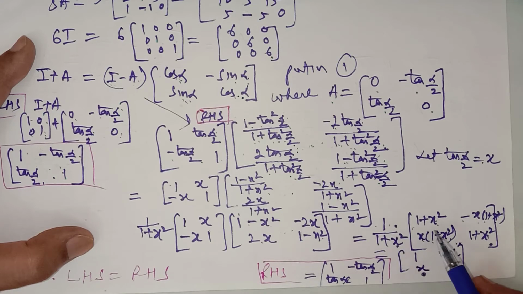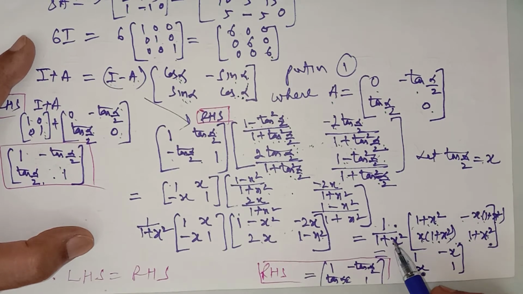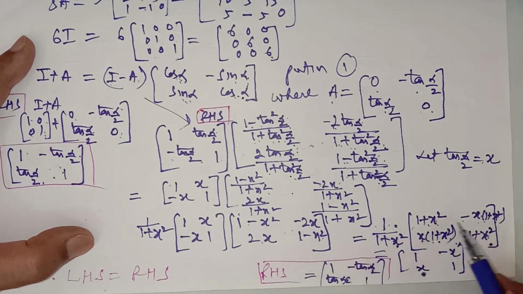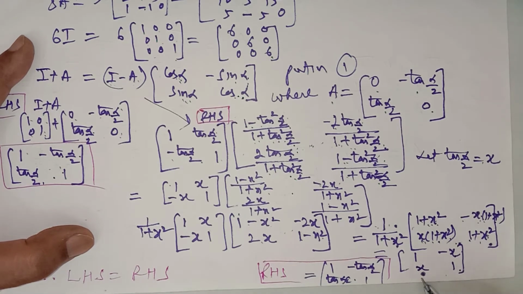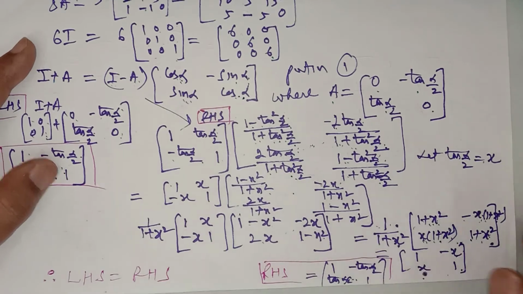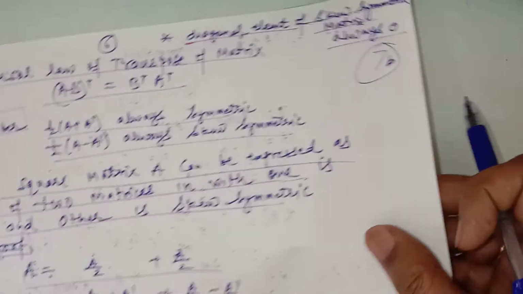Take common here, so it will be 1, minus x, x, 1, and this will be cancelled with 1 plus x square. So you are getting 1, minus x, x, 1. So this is equal to this, 1, minus x, x, 1, and what you had let, x is tan alpha by 2, which is equal to the left hand side. So this is the remaining question of the last exercise which we had forgotten.